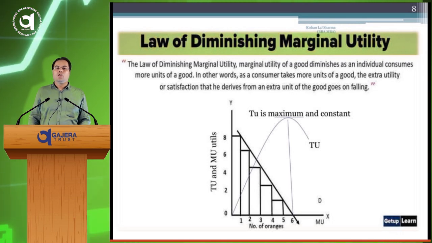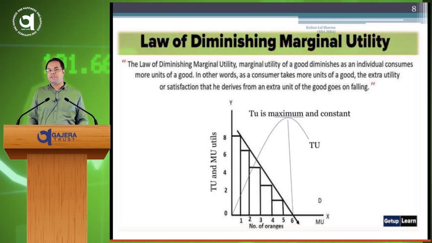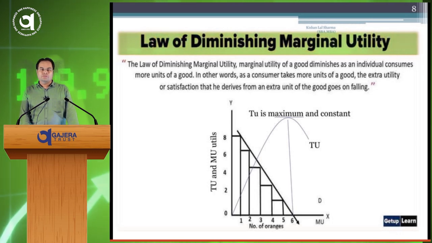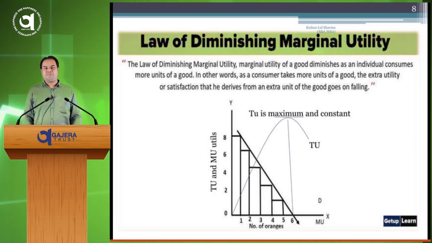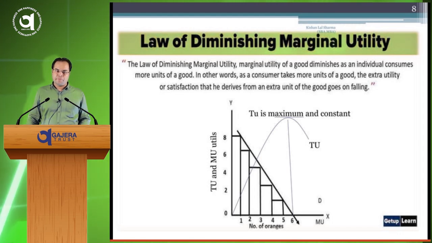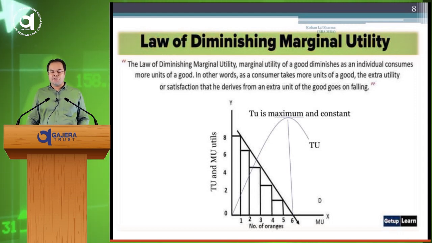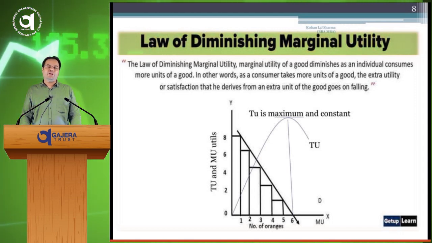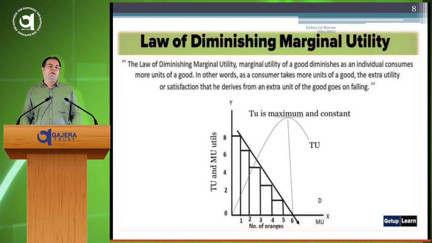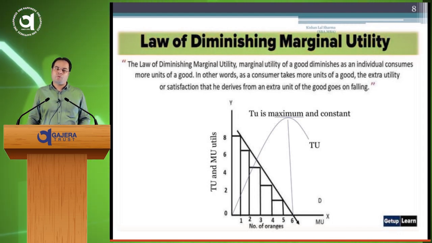Now, the law of diminishing marginal utility. As we have discussed, for a given product or commodity there is some capacity of a person to consume it, so the law of diminishing marginal utility arises. As we have discussed, marginal utility is the utils obtained from an additional unit of a commodity.